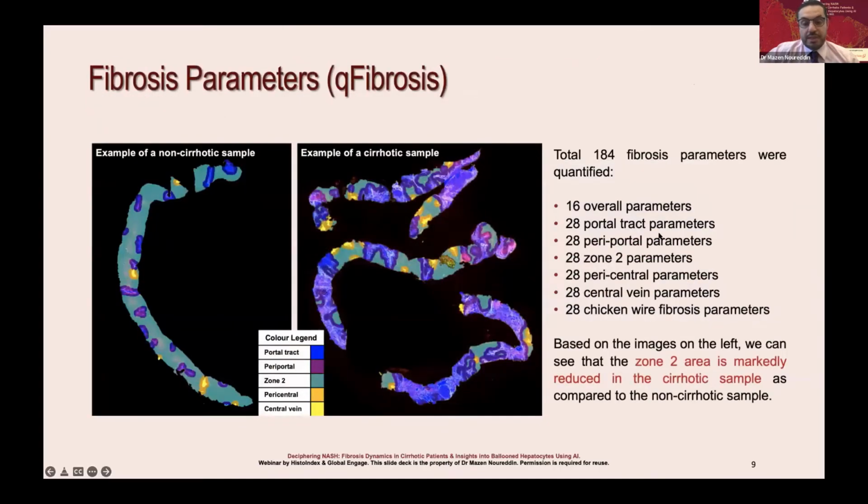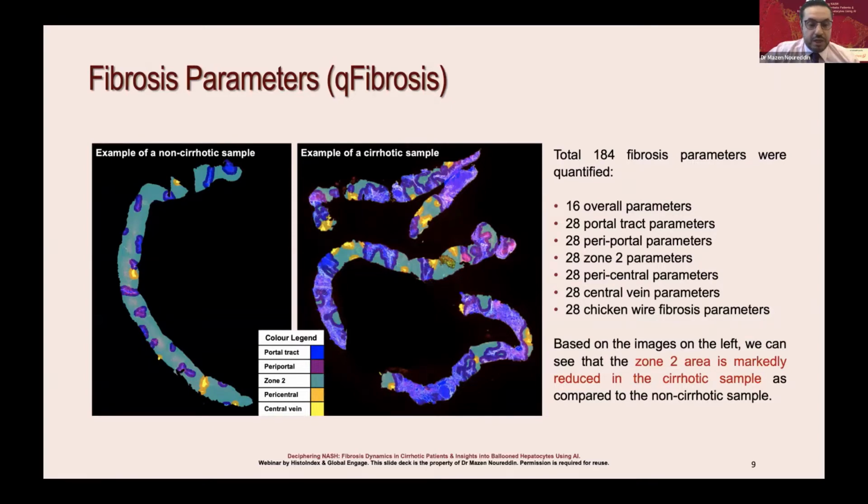Also looking at the Q fibrosis in more detail, look at how many parameters you have here, 184 parameters. And I don't want to spell out all of them, but look at, for instance, between the left and right. So on the left, you see non-cirrhotic sample, on the right, you see cirrhotic sample.